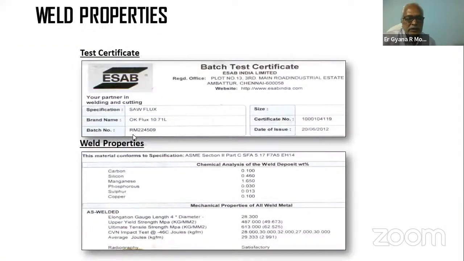This is a batch certificate of ESAB, just to indicate how, when we are taking a flux, they mention all the properties of the weld. They also at their end have done the welding and done all the physical and chemical analysis of that particular weld metal with their grade of flux and their grade of wire. So this certificate would also be required to be submitted at the time of inspection.